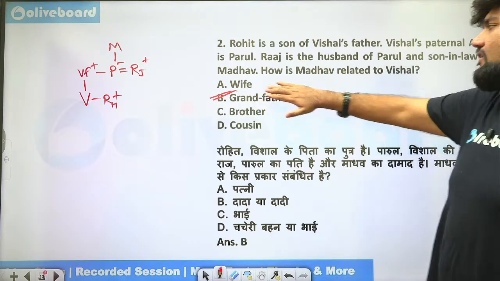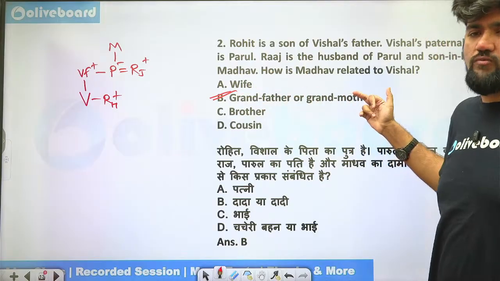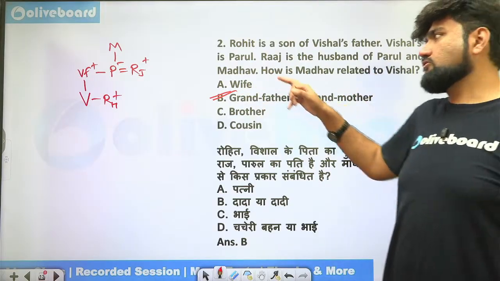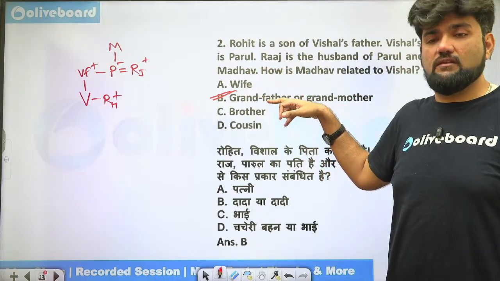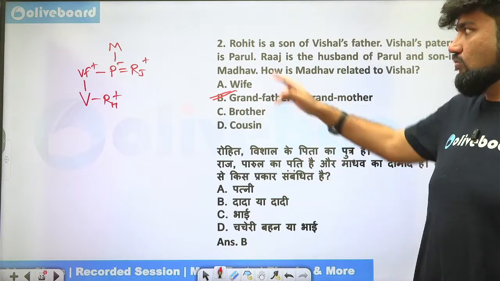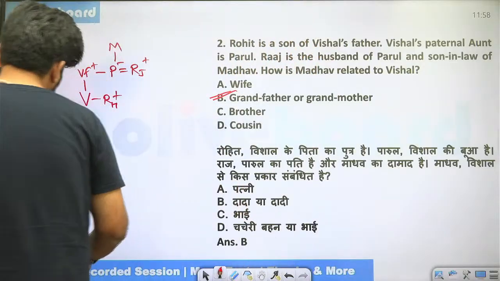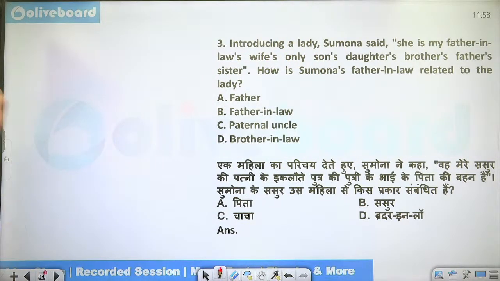Similarly, if instead of grandfather there was only grandmother here, with the other 3 options the same, even then I would have chosen option B only. But if option A was grandfather, option B was grandmother, and there was an option cannot be determined, then I would have chosen cannot be determined, because both options are available here. Do you understand the difference? So options will keep changing your answers.